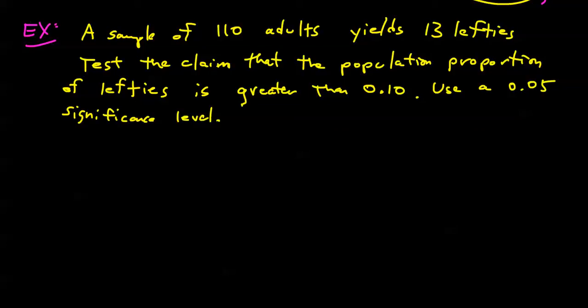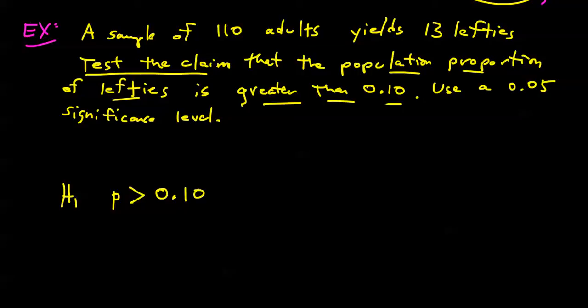We want to test the claim. Well, the claim is a hypothesis. What claim? That the population proportion of lefties is greater than 0.1. Let me write that down: little p is greater than 0.1. That's our claim that we're going to put under the knife here. And remember, H1 is always an inequality statement.